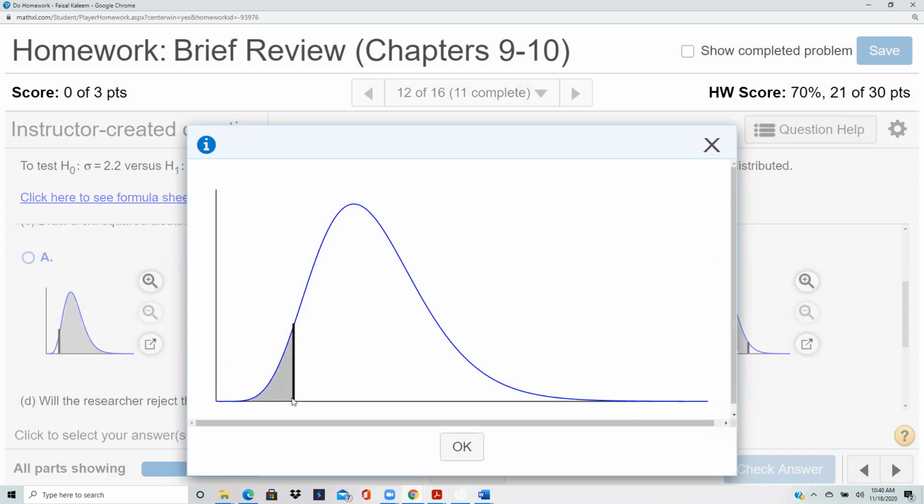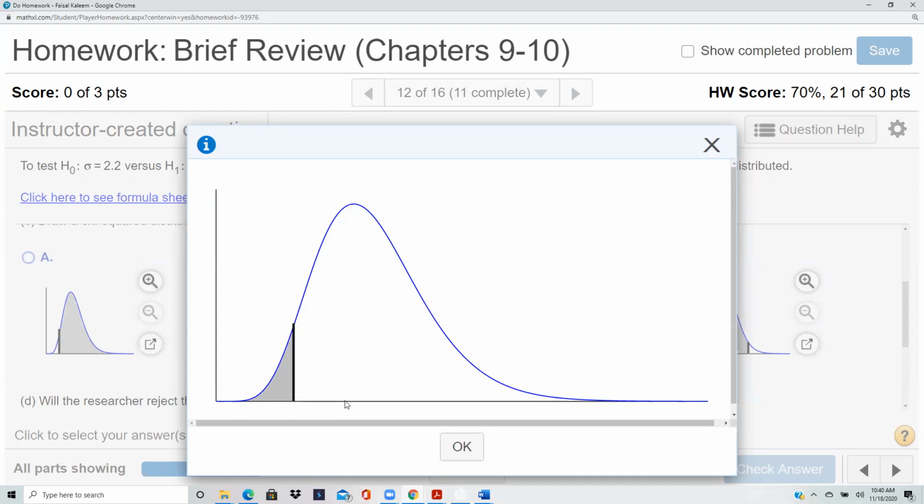It will not be in the rejection area. Really? You're telling me 6.4 will be on the right of 7.9? Okay. It will be in the rejection area. I was thinking like it was a negative.